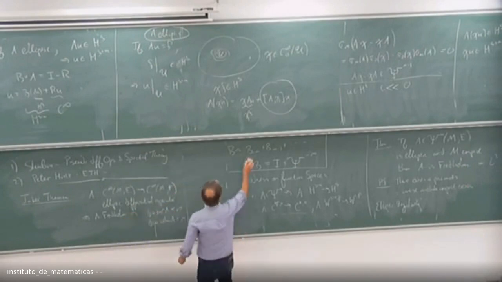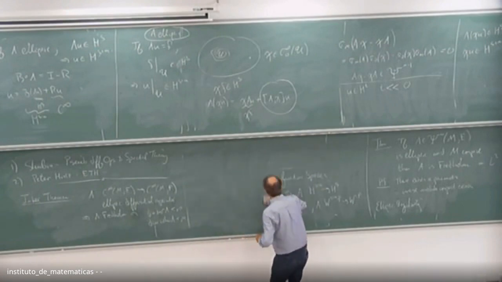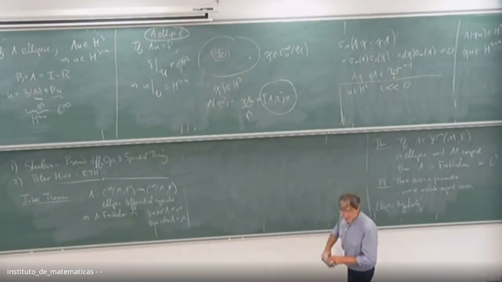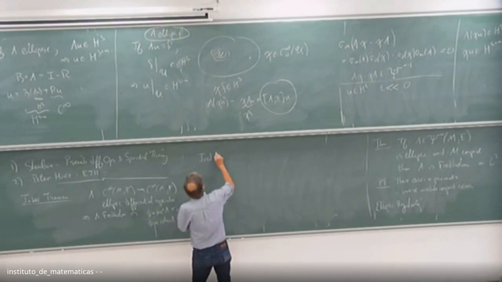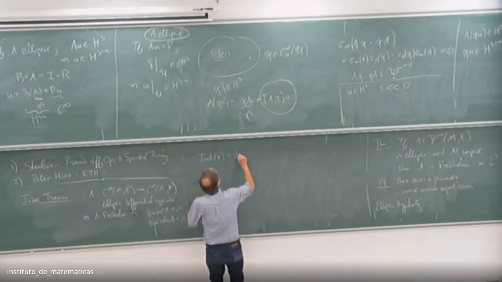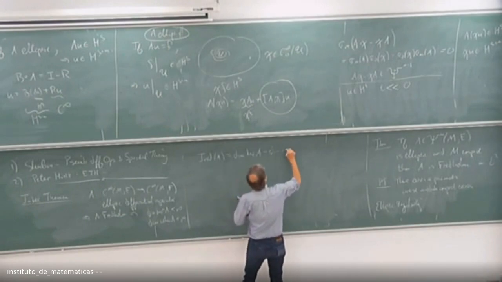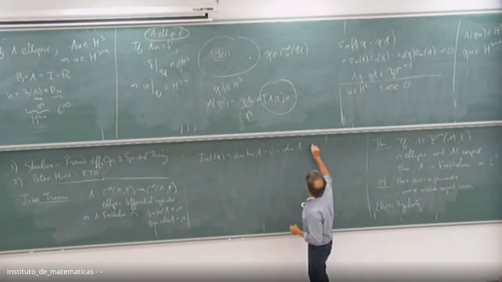I can define the index of A as the dimension of the kernel minus the dimension of the co-kernel. Okay, so this is an integer.